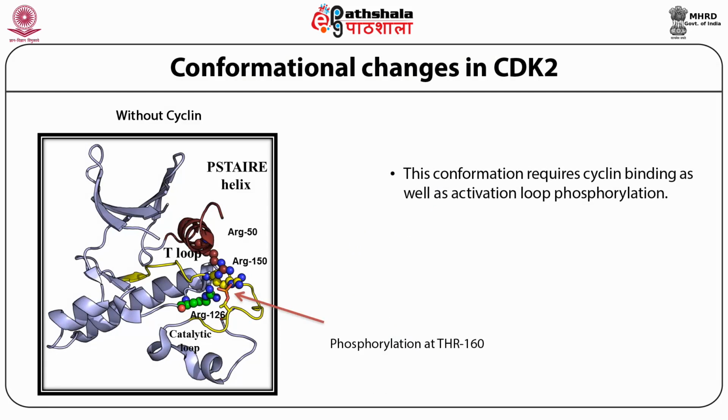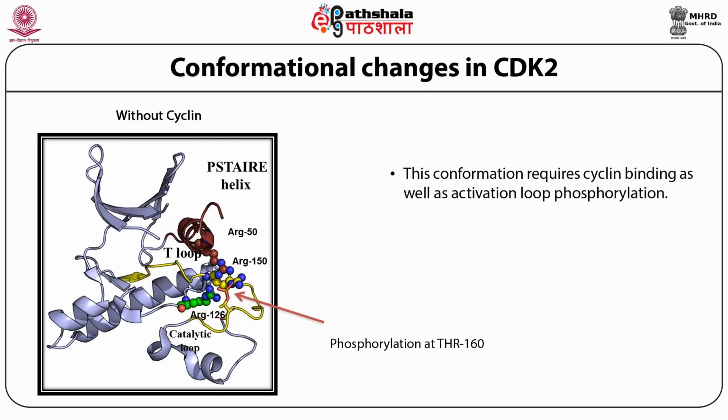So when the cyclin is bound to kinase, it also causes autophosphorylation. So the threonine, which is phosphorylated, becomes negatively charged, and the arginines from the surrounding region interact with the negatively charged phosphorylated threonine, and this causes the stabilization of structural changes in the kinase.